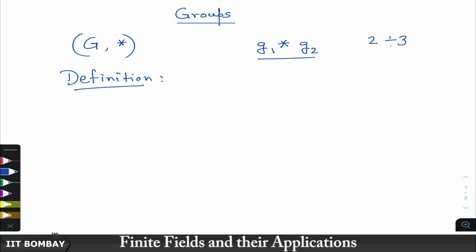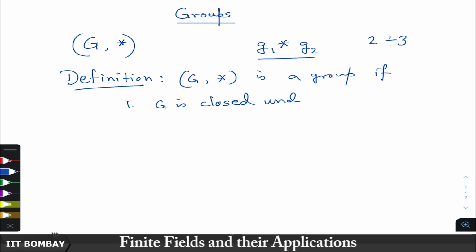This is the first requirement. G comma star, a set together with an operation, is a group if, one, G is closed under star.